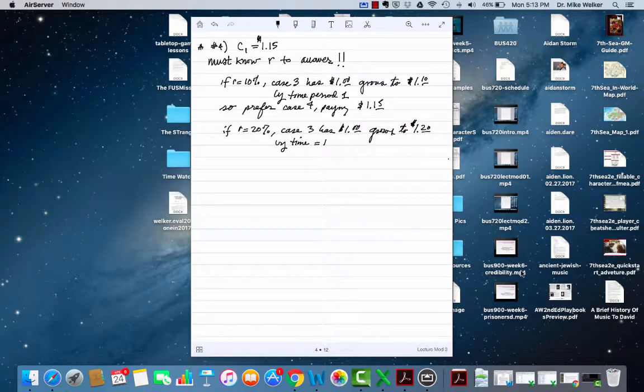So now you prefer case 3, paying you $1.20. So you need to know R, the market rate of interest, to make the decision. That's the real key here. That's a benchmark in a way. It's a very important input to decision making that financial markets are going to provide for us.